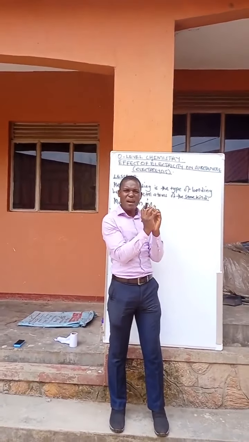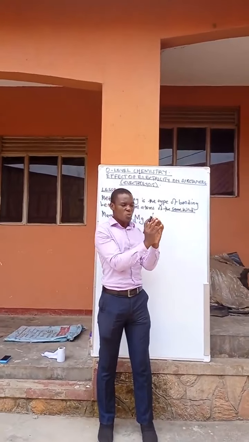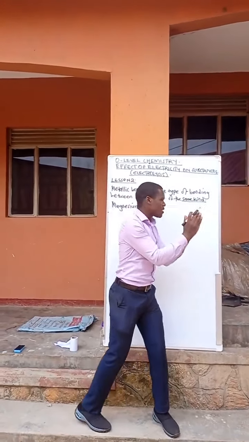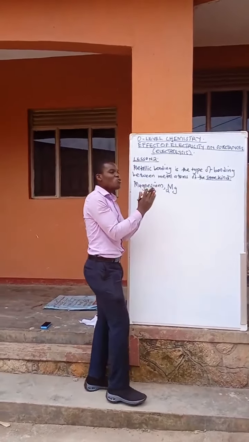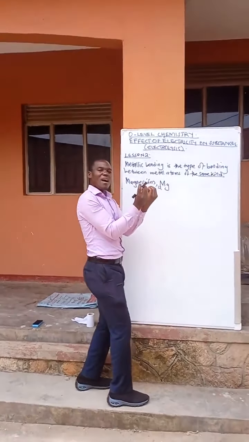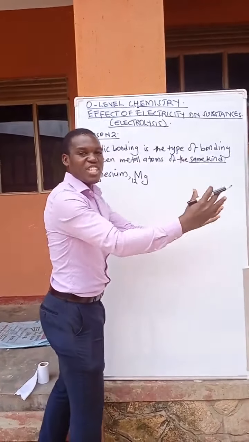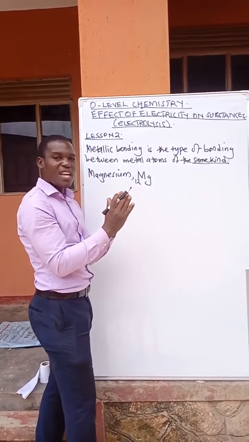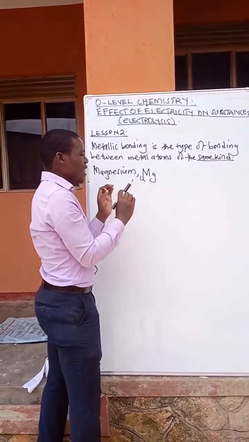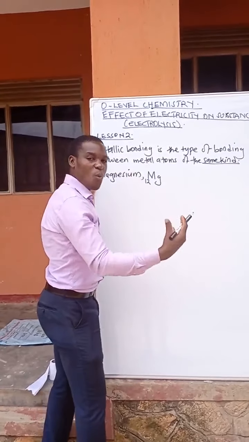Bonding is just combining, okay? So the metal atoms combine together to form the metal element. So if we are talking about magnesium element, it simply means that the magnesium atoms combine together to form the magnesium element. Now, the question which we are trying to answer is, how do these magnesium atoms combine?